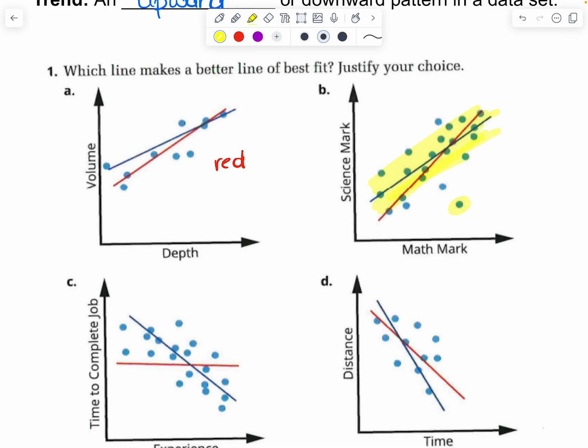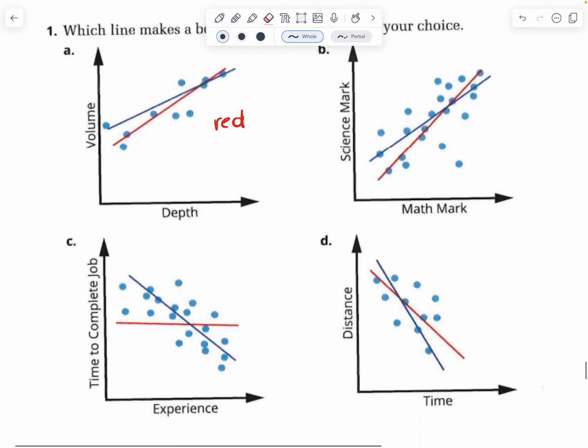If I highlight it, it highlights that trend. It goes in that same trajectory. If I include that blue point, then maybe red could highlight it a bit more. You could debate that one. Again, it depends if we're going to include that as an outlier.